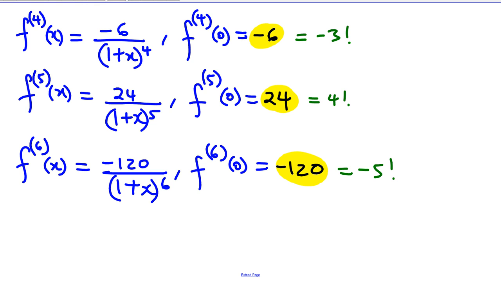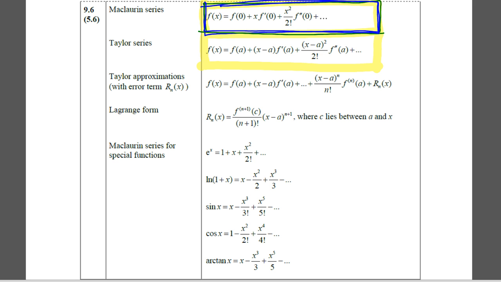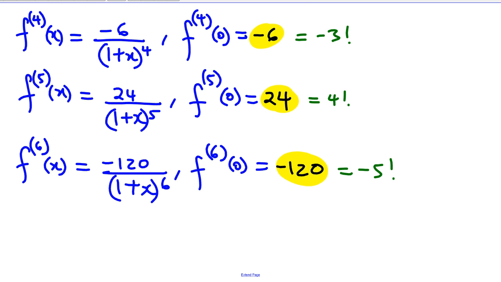And actually, that's the next step. The next step is, remember, we're trying to find the Maclaurin series for this function. Now, the formula for the Maclaurin series is here. All that we need to do is plug these coefficients into this formula. So I'm just going to copy this formula.